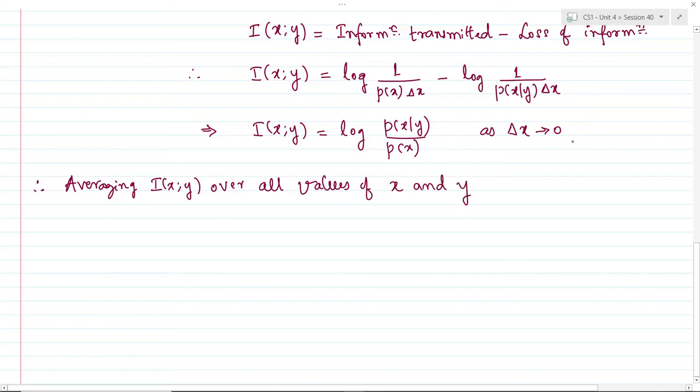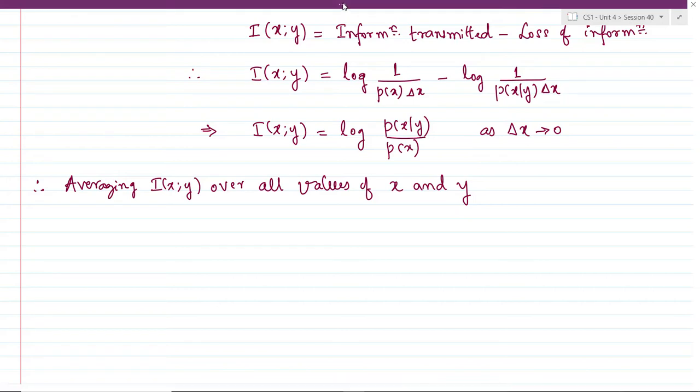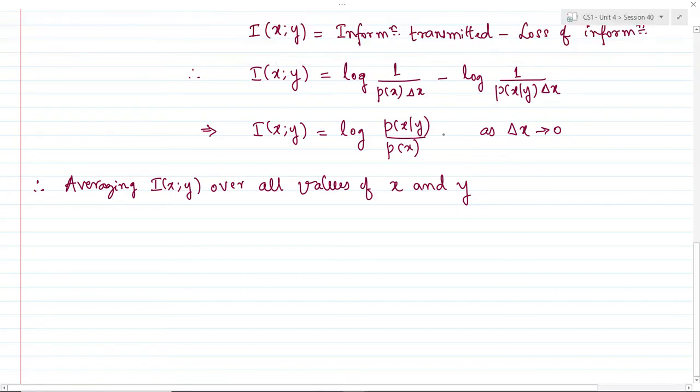Let me call this equation number 1 for any future references. So averaging over all values of x and y, we would get the average information that is transmitted.